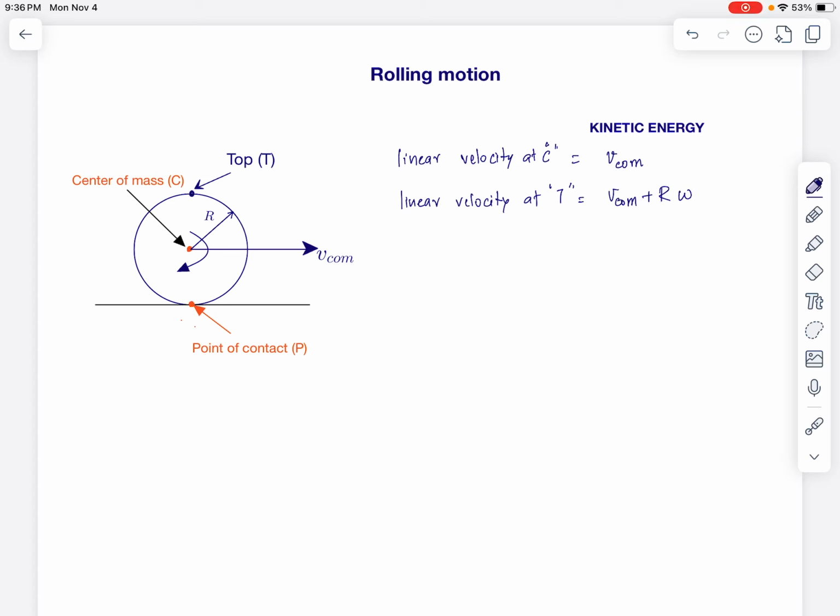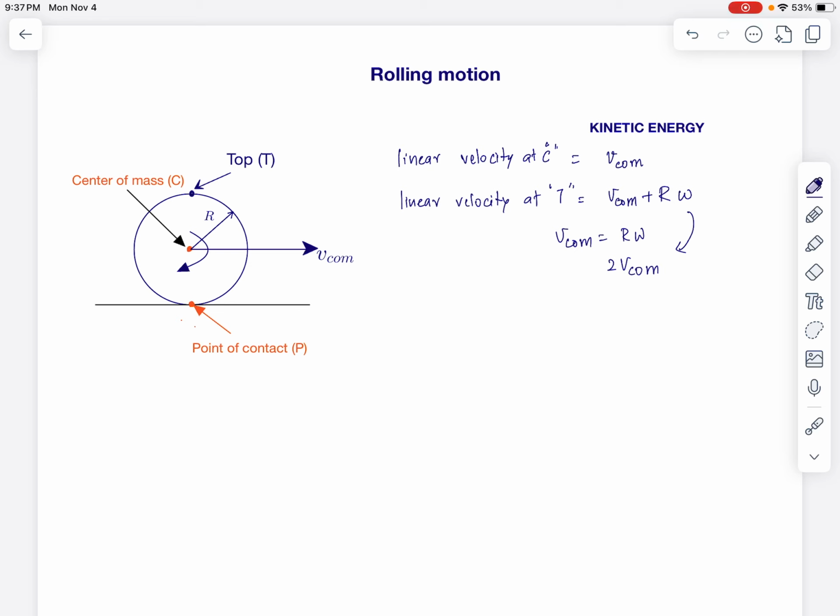Now the cylinder is undergoing rolling motion, and especially when there is no slipping at all, we have V center of mass equals r omega. So essentially this becomes 2 times V center of mass, and that's the linear velocity at T.